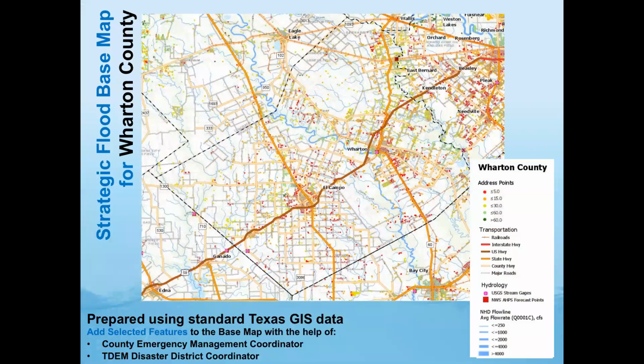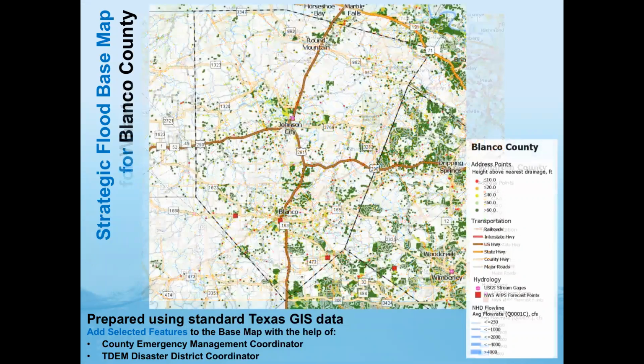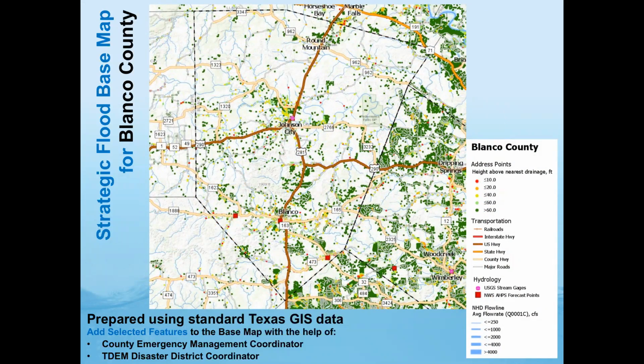So we've developed these base map templates for use at local counties. Here's one for Wharton. Here's one for Blanco. You won't see any evacuation routes in Blanco. They don't need them. That's not their issue. But this is what we've worked out so far.